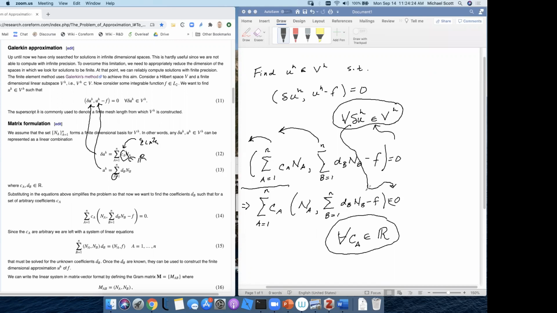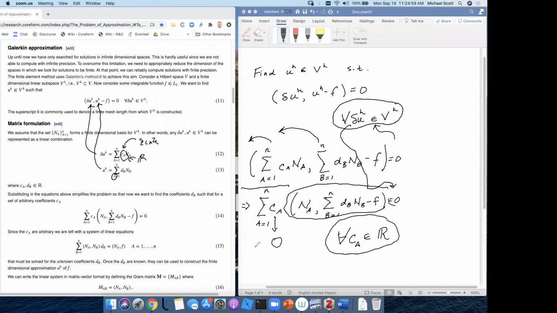Yes, your statement is right. In other words, are the CAs going to be equal to 0 always? No, some of them are going to be positive. But this has to be equal to 0 for every CA, including the positive ones. The only way that can happen is if this guy right here is equal to 0 for every index A. Do you see that?